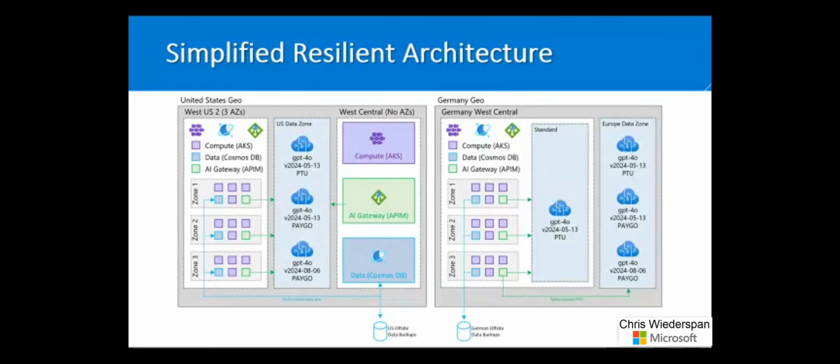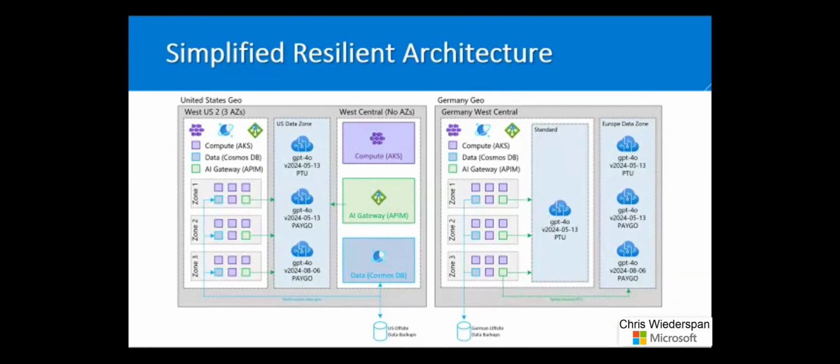And then the big notion here is that data zone I'm using in the middle for my OpenAI or my GenAI. As I talked back on that other slide about the three tiers, I said data zone's kind of the sweet spot, at least for the US and for Europe. That gives me the ability that I don't really need to worry so much about regional failures, right? That's already a multi-region service endpoint, right?